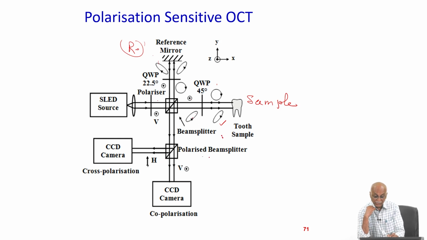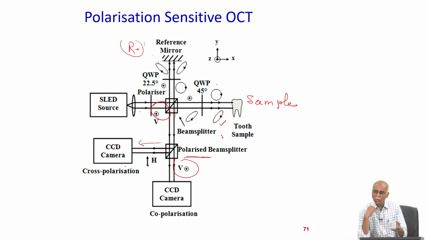So, the polarized beam splitter will allow the horizontal component, which is the cross polarized component. Why cross polarized? I had sent vertically polarized light here, but now I am observing a horizontal component as well, which is cross polarized, as well as the vertical polarized part, which is the co-polarized component. Both I will be able to observe using this.